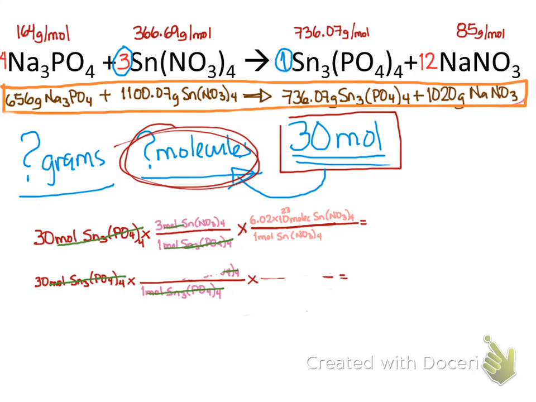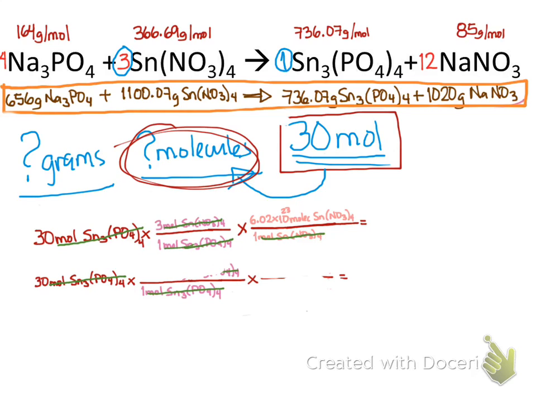I will cancel here the moles of tin nitrate with these moles of tin nitrate. And who can give me the answer? What is the answer here? It's like 550 something.